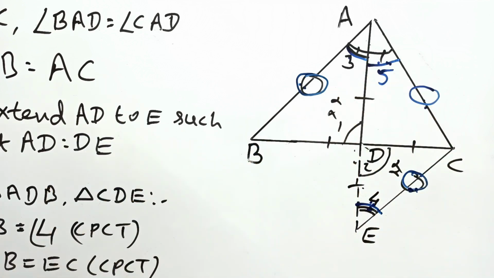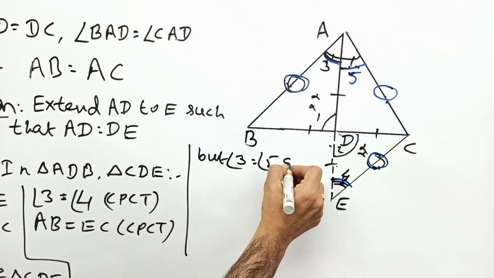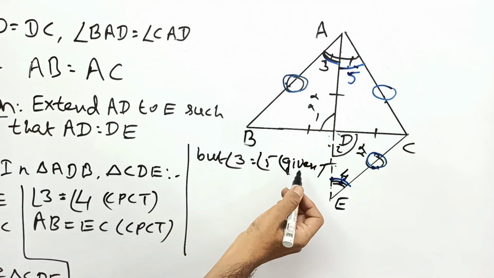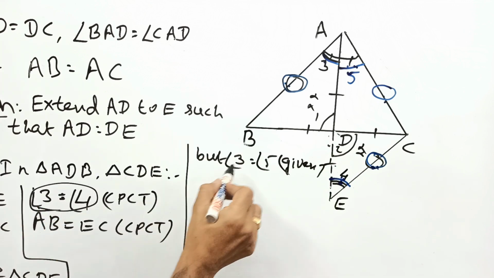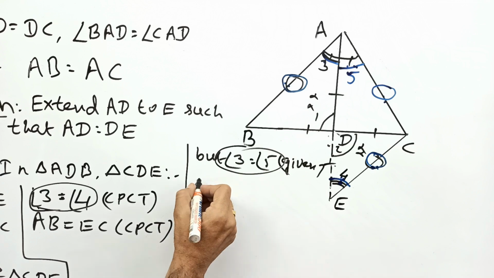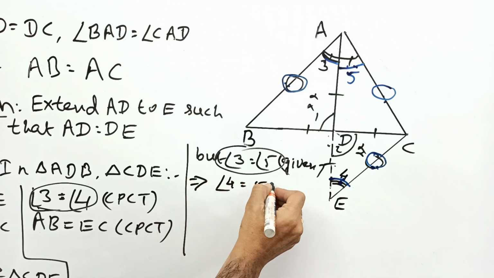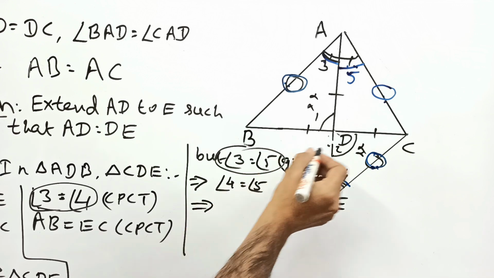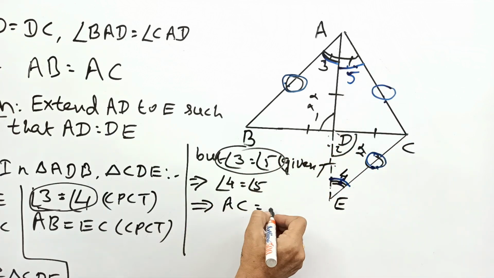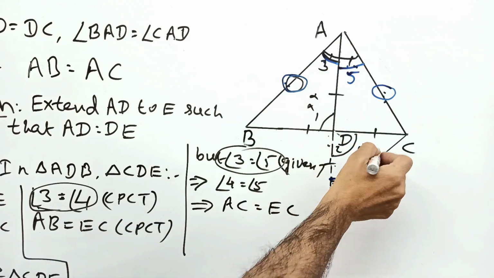Now let us interpret. The vertical angle bisector gives 3 equals 5, given. So using these two equalities, angle 3 is common, 4 equals 5, therefore AC equals EC. In an isosceles triangle, base angles are equal, so sides are equal.